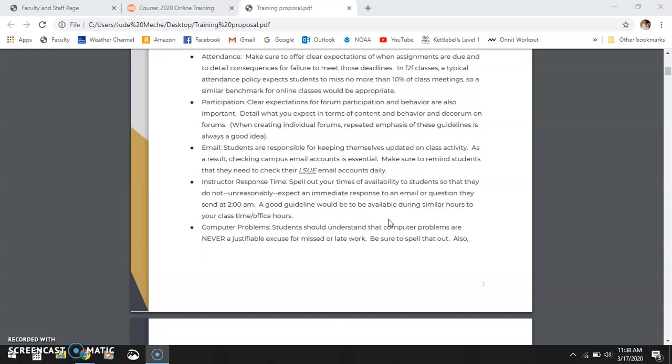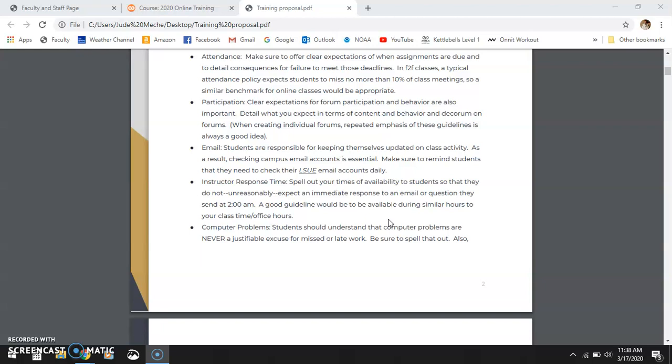That way they know that, if they're asking me a question, it's not going to be an instantaneous response. Since these classes are being converted from face-to-face, maybe a good guideline would be to let them know you're going to be available during those hours that were your office hours. Finally, computer problems. Students need to understand that computer problems are never a justifiable excuse for turning work in late.